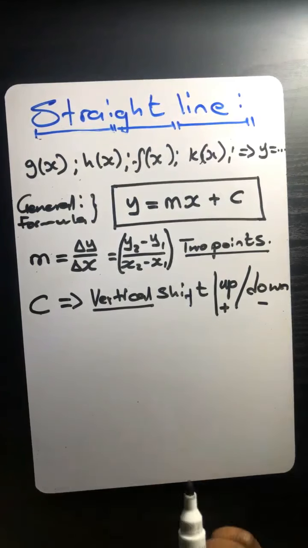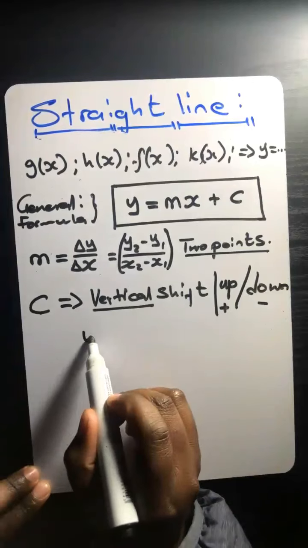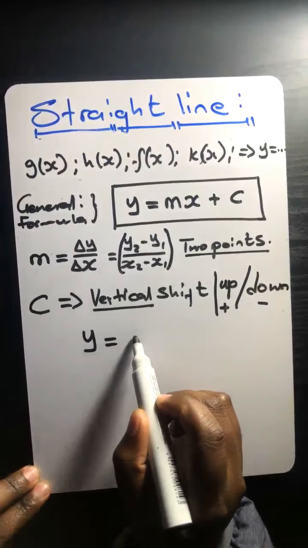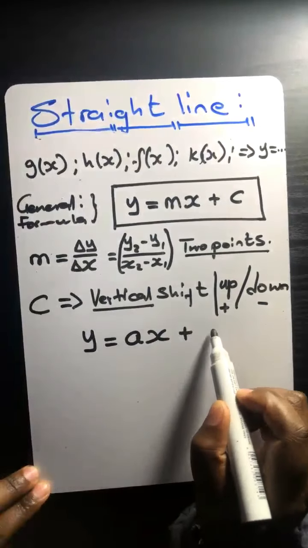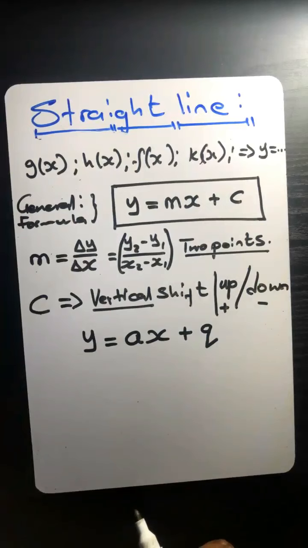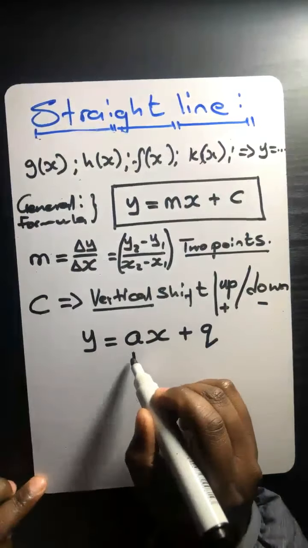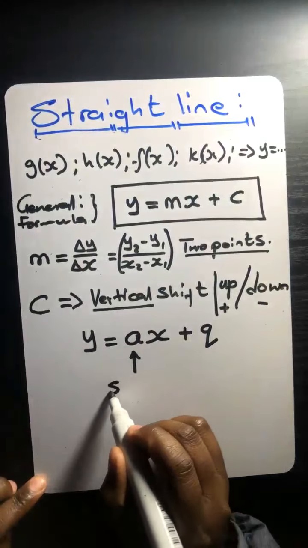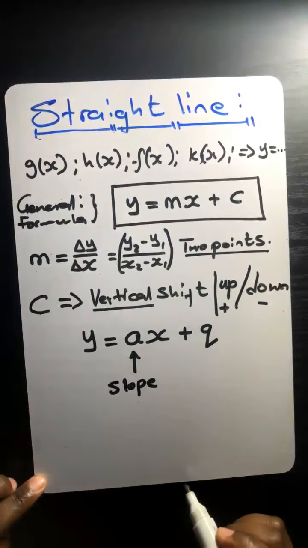So in short, good people, when the general formula is y, it doesn't matter if the gradient is represented by a, it doesn't matter at school if they represent that c value as q. But what matters the most is for you to know that there we talk about the slope. Very, very much important, ladies and gentlemen.